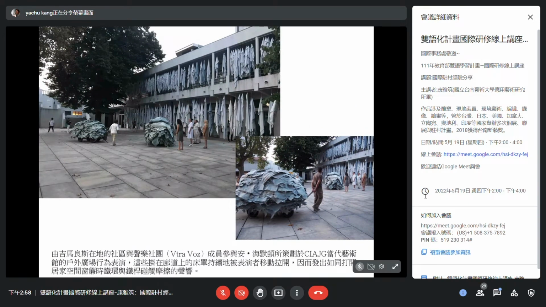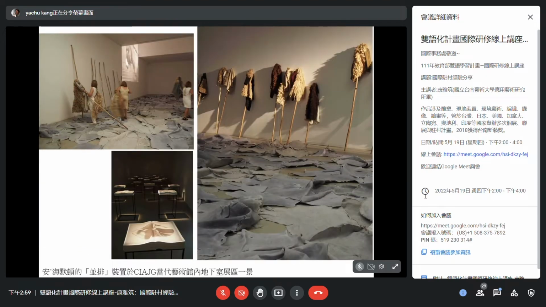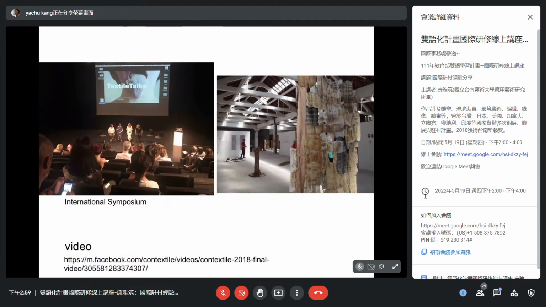The scale is pretty large. And this is another Israeli artist. She used a lot of coffee bags. And in the end, we have this symposium.